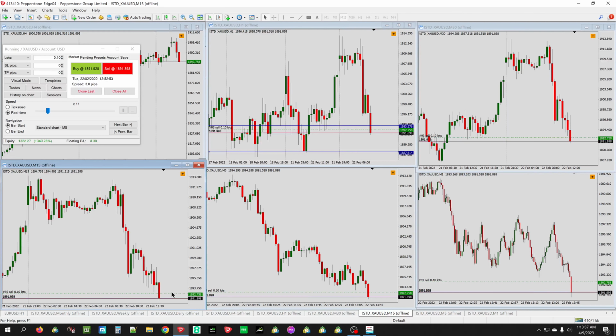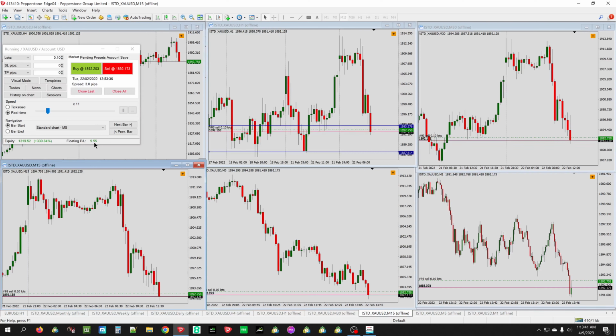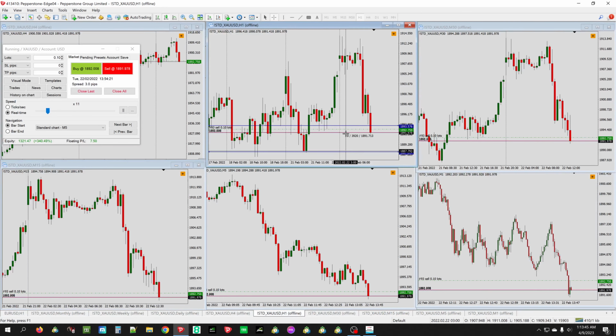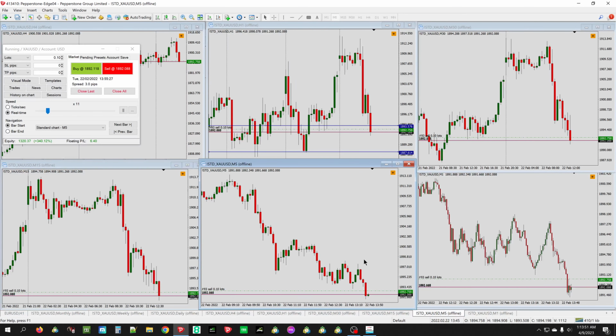Yeah, we have broken below that area. We are already up around 10 pips, but I will not close position unless we hit our take profit or our stop loss. So M5 candle has closed.